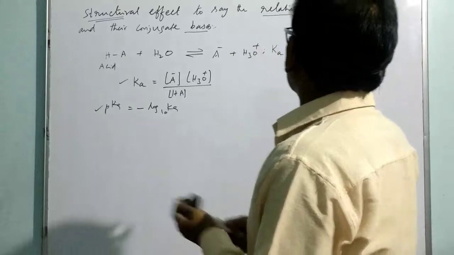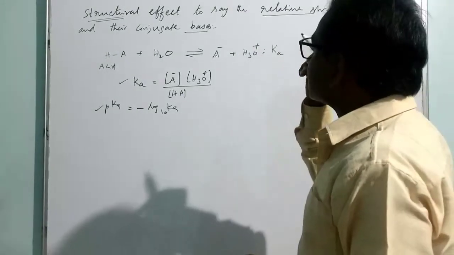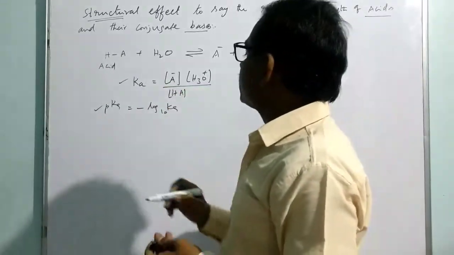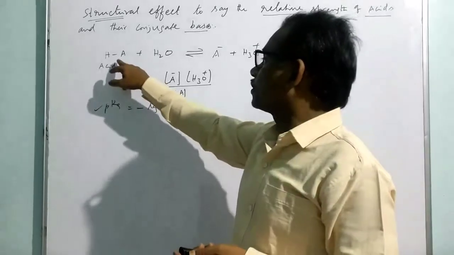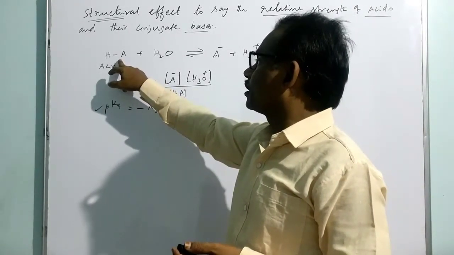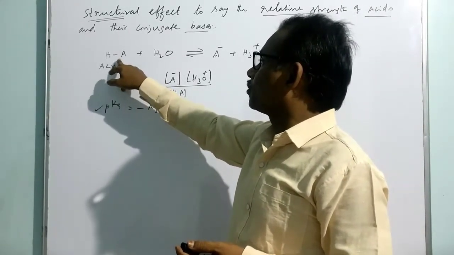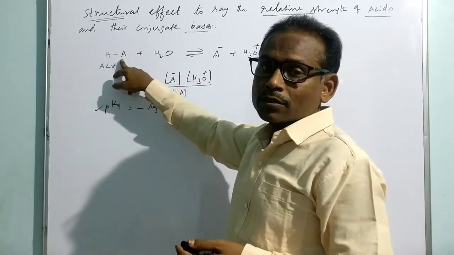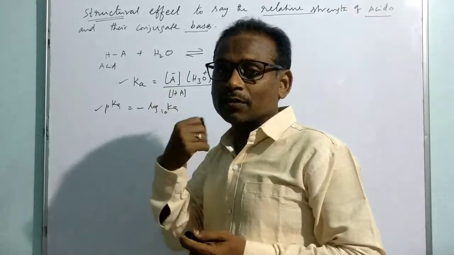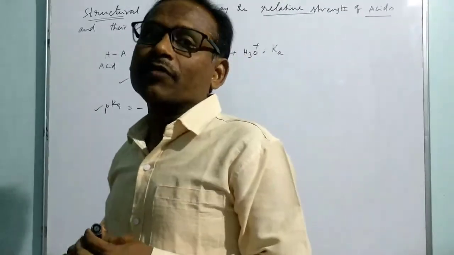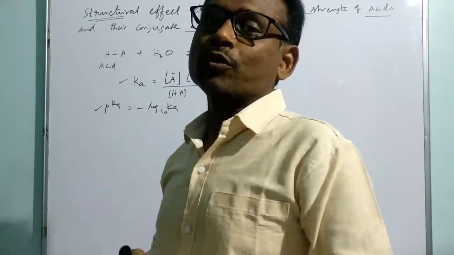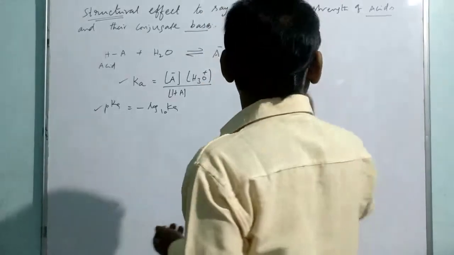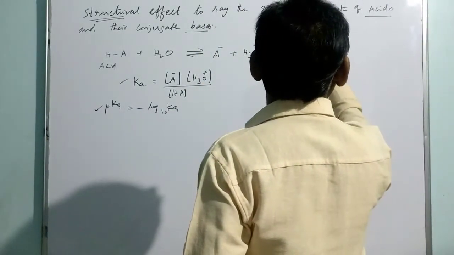Now let me say the factors. What factors are helpful in order to transfer the proton by the taken acid? In order to eject the proton, there are certain factors that support it. Based on the factors, we can say which given molecule is more acidic. So let me say the factors.